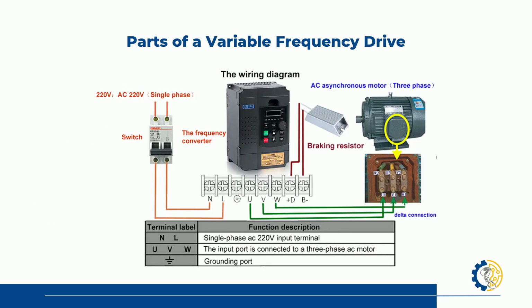Okay, so let's go back. Therefore, this brief diagram, this small diagram with its image, is the easiest way to know what we need in general so that our motor can be connected and we can use our drive. Now, how does the drive work?